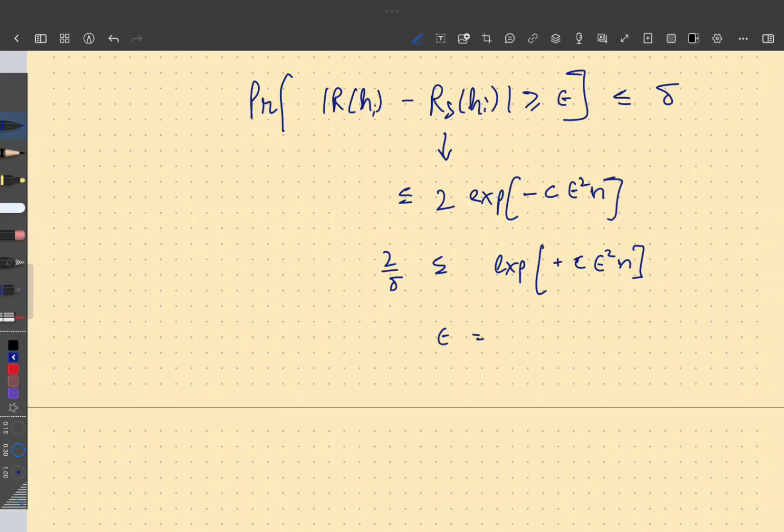So epsilon is basically square root of log 2 over delta divided by n times a constant, c prime, where c prime is a universal constant.